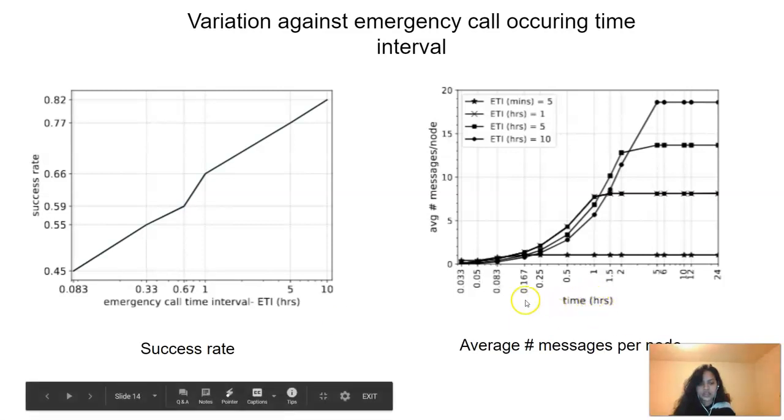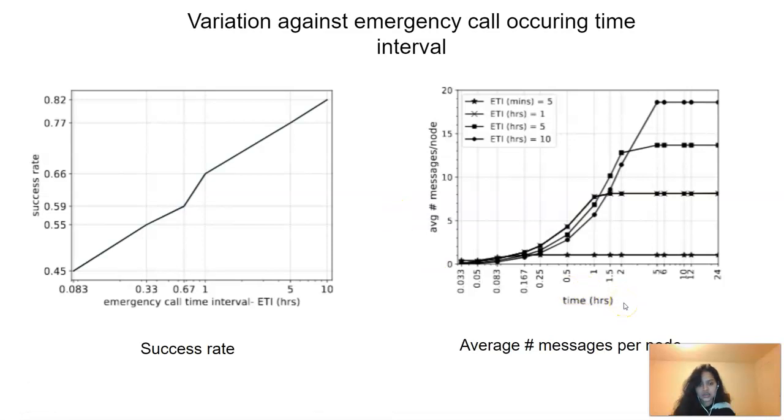And when I take the average number of relayed messages per node with time, that means the network traffic with time, for the emergency scenario where the calls occur for 1 hour, I can see that the network traffic increases and then reaches a certain limit without exponentially increasing.